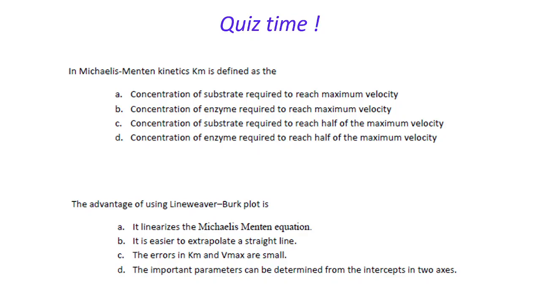It's easier to extrapolate a straight line, that is also correct. The errors in Km and Vmax are small, and the important parameters can be determined from the intercepts on the two axes. I just did not mention it's an MSQ, but anyway, all four options over here are correct.